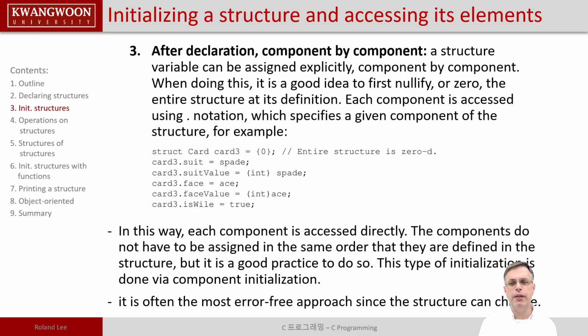Each component is accessed using the dot notation, which specifies a given component of the structure. This initialization would look like the following. So struct card 3, zeroed out, and then suit value, face value, and is wild true or not. So here we go. In this way, each component is accessed directly.